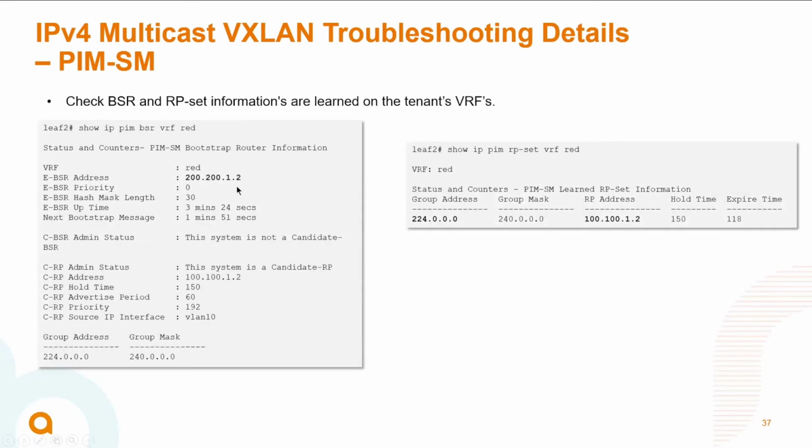Next is the BSR and RP information. Whether the BSR is outside the fabric or inside the fabric, the entire tenant VRF should have the same BSR IP and the RP information set. Our regular command, show ip pim bsr vrf red, will tell you who the BSR is.